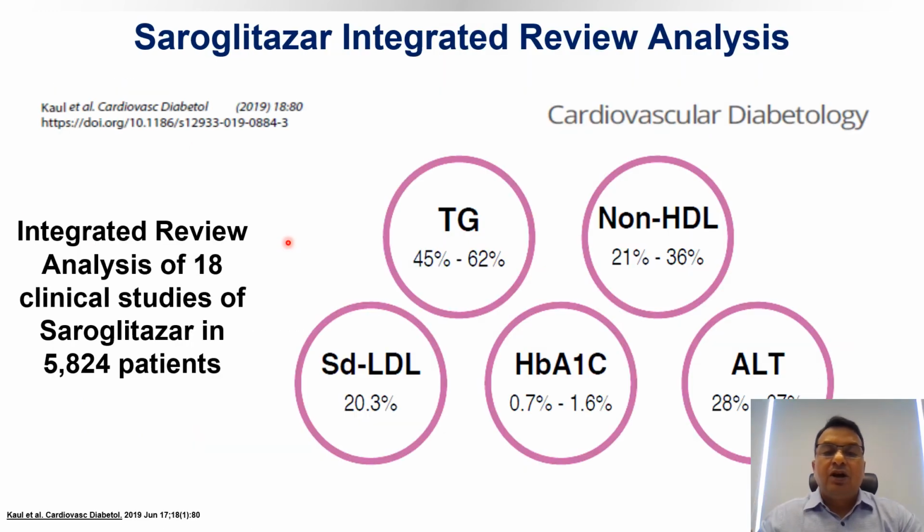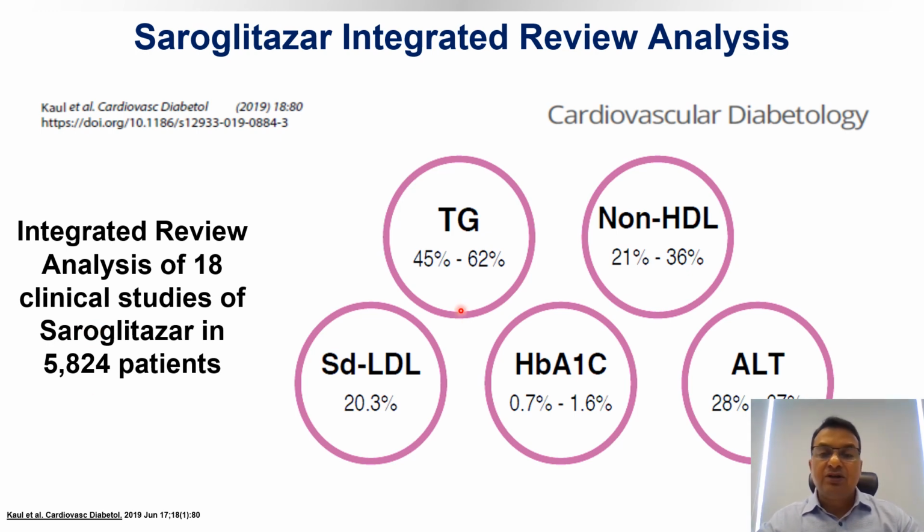This is a systematic integrated review analysis published in Cardiovascular Diabetology in 2019. It is a review analysis of 18 post-marketing observational studies of saroglitazar involving more than 5,800 patients.